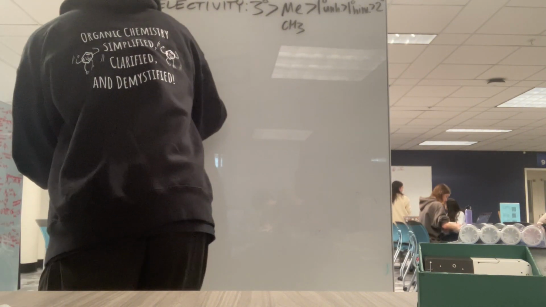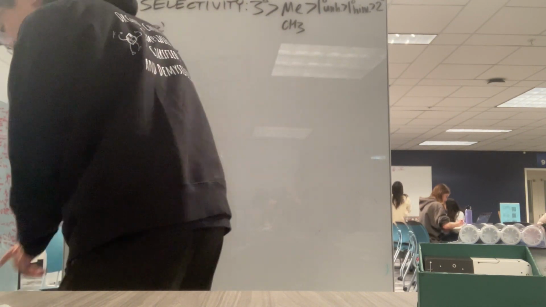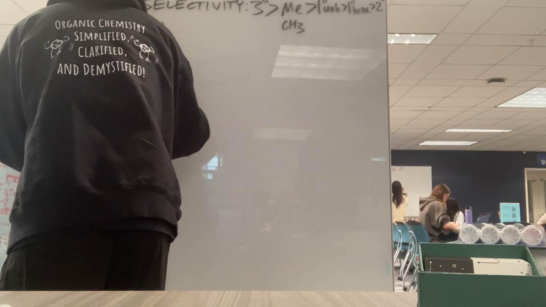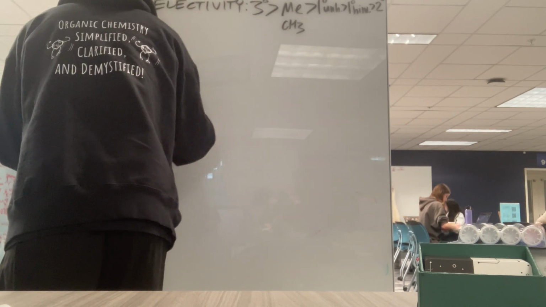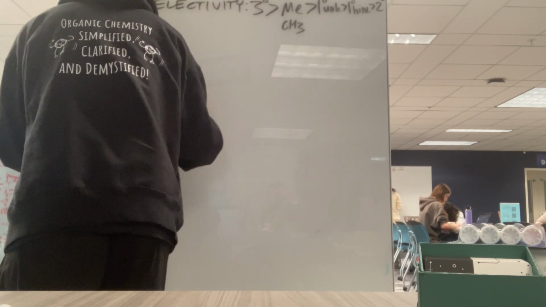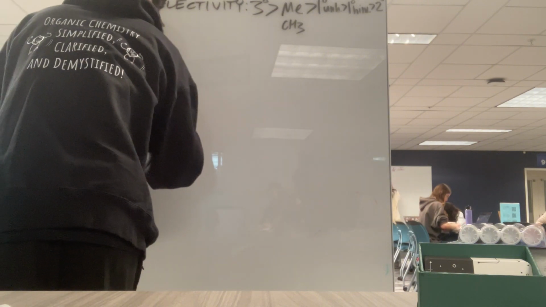Depending on what your OR group is, you can have a methyl, CH3, primary unhindered, primary hindered, secondary, or tertiary. And that's going to tell you what reaction you have.